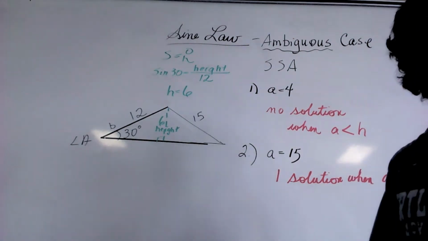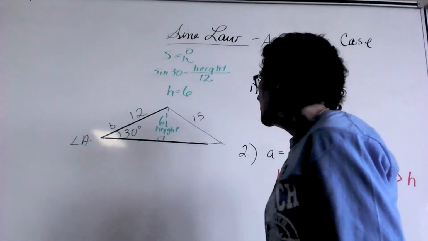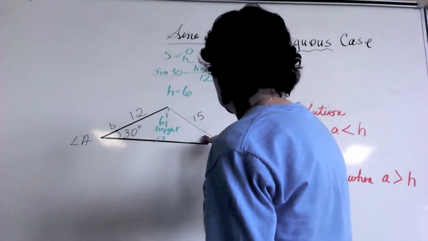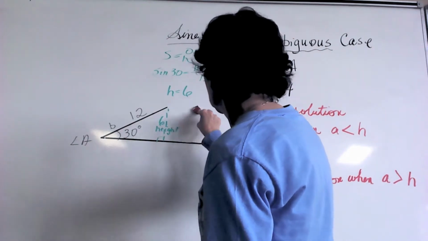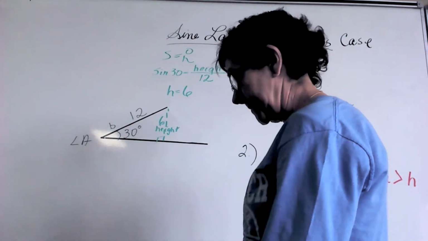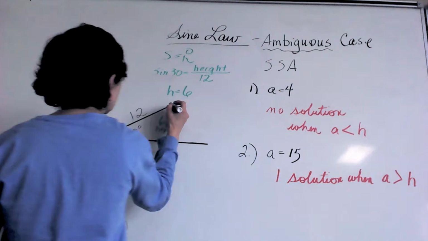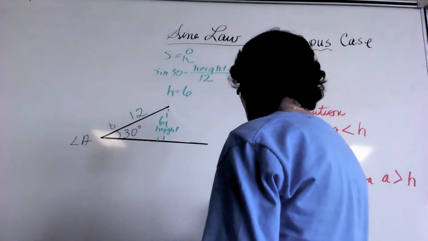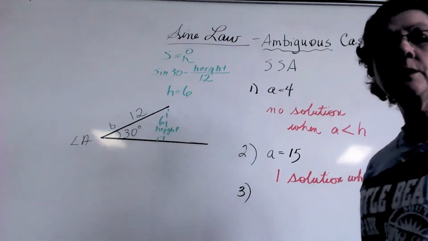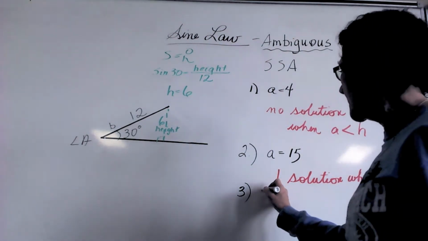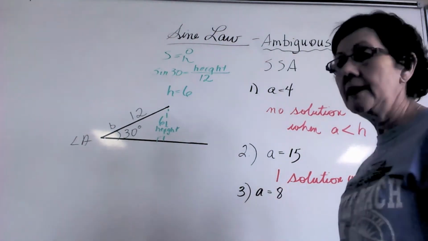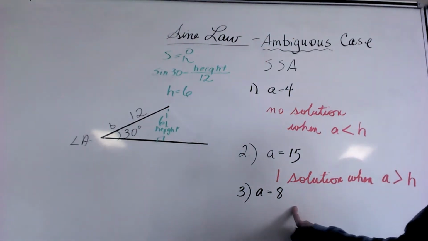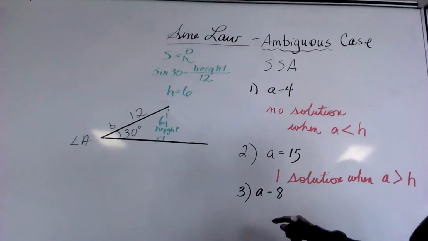Okay, let's erase that. And the little triangle is getting smaller and smaller here. And the third scenario: here we're going to make side A equal 8 units of measure.